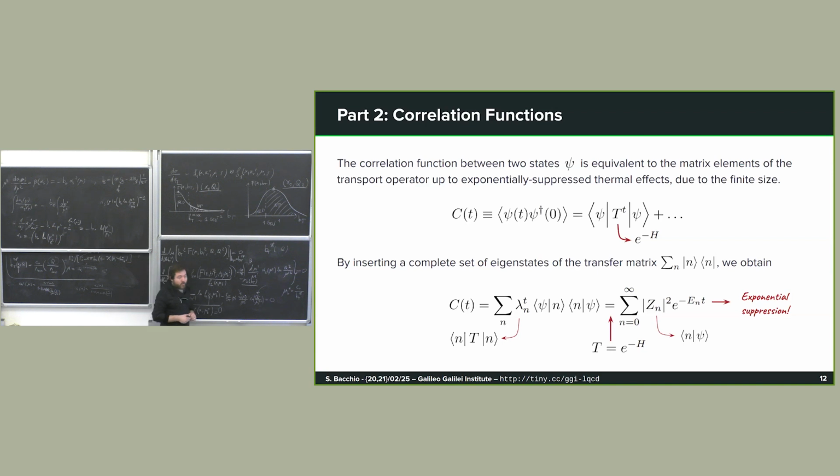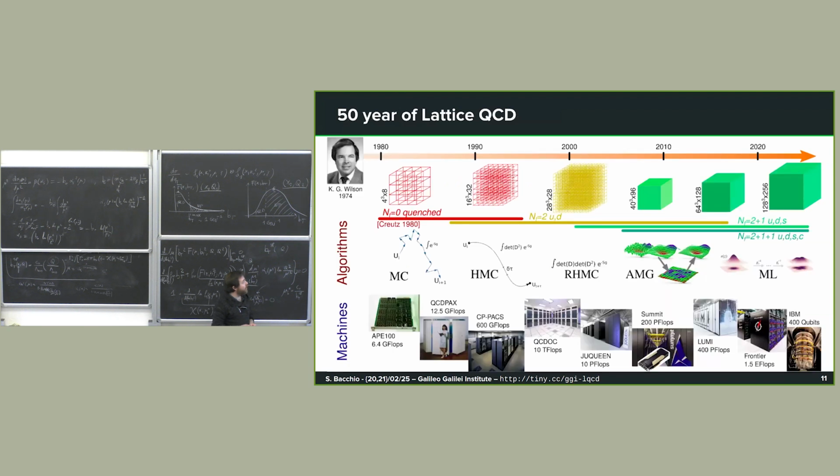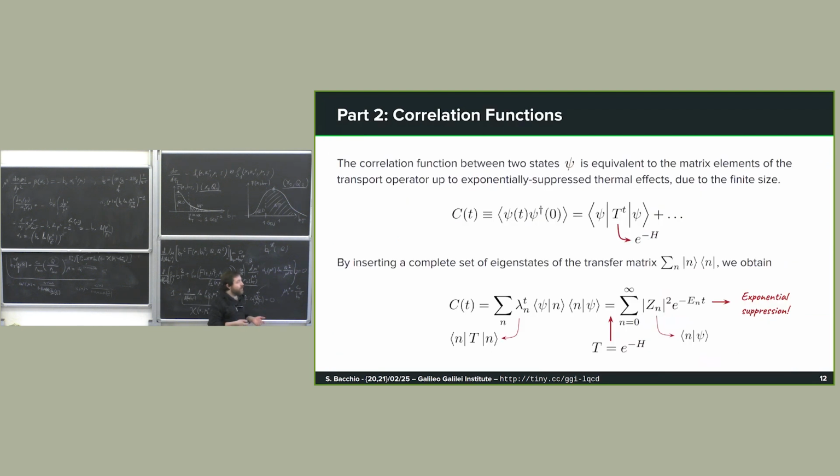All the calculations we do at the end of the day boil down to measuring correlation functions on the lattice, right? Because what we put in our simulation on the lattice is really only the vacuum. So all our gauge fields are just sampling the vacuum, and then you need to put particles inside. And the only way to measure an observable is via correlation functions.